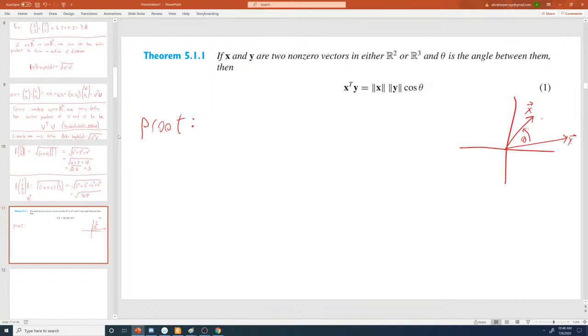So let's prove this. The main fact we're going to use is the law of cosines. So here's what the law of cosines says.